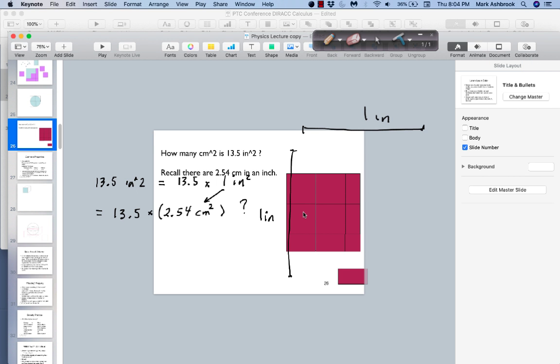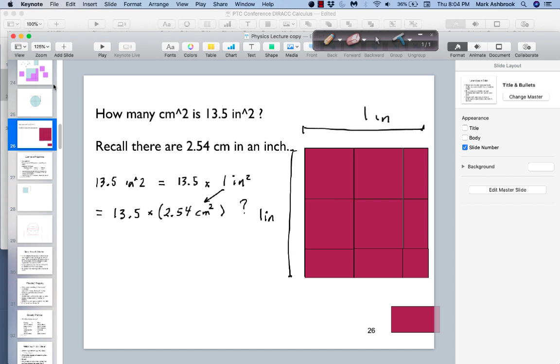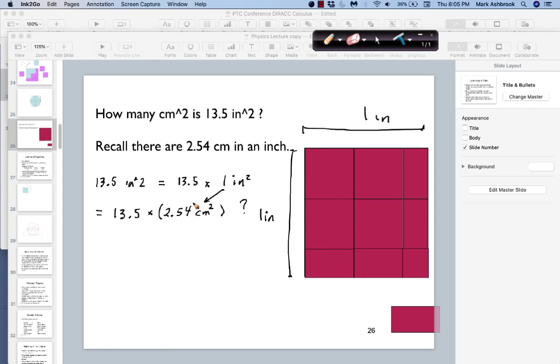So what's happening here? There's 2.54 centimeter squares along that edge, 2.54 centimeter squares along that edge. So how many centimeter squares is that? Well, it's actually not 2.54, but, hopefully you're thinking this by now, 2.54 squared.